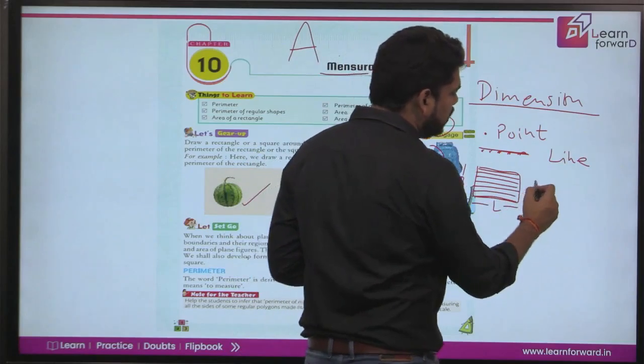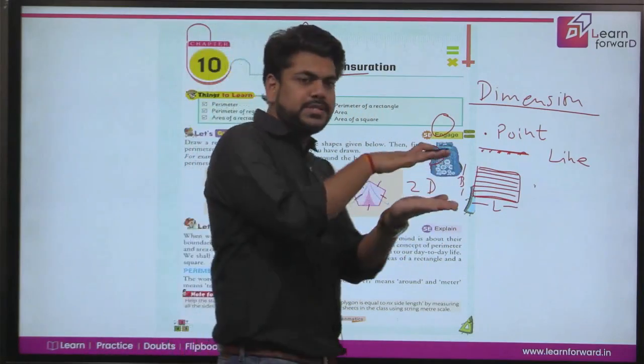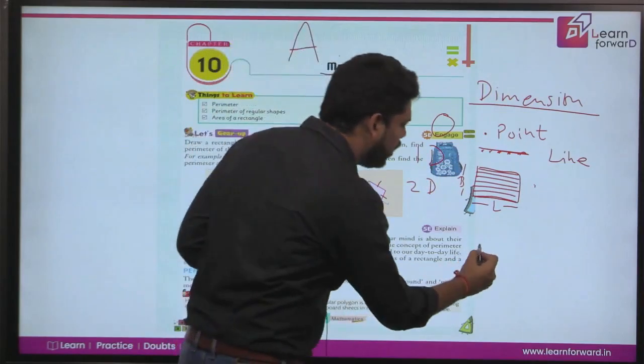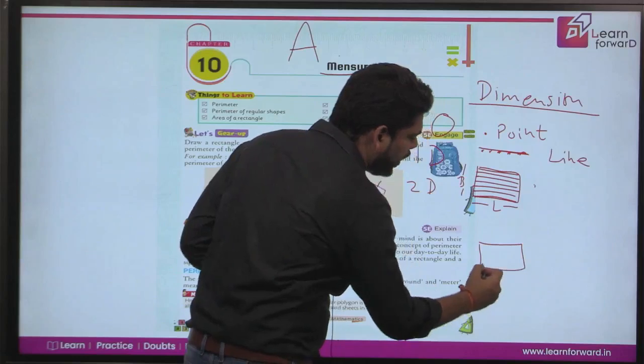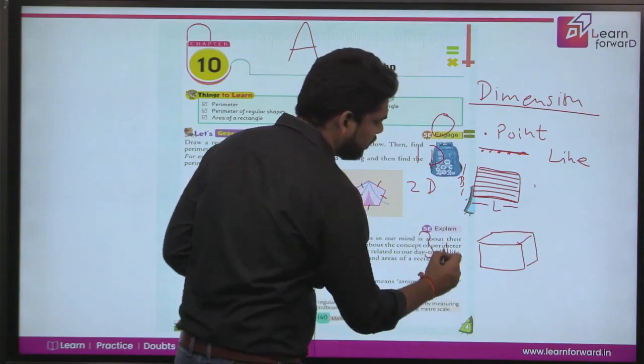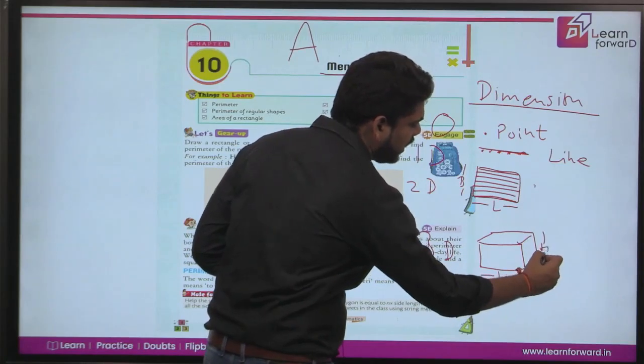So this is the 2D shape. Now if we pile up some papers, 1, 2, 3, 4, 5, 6, they will form a cube or cuboid. That means the shape has 3 dimensions. It has length, breadth, and height.